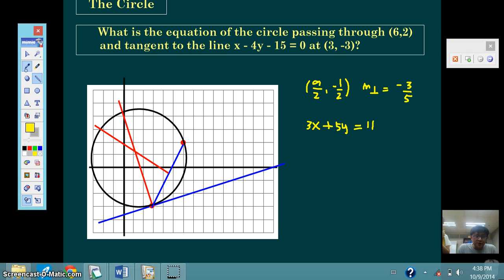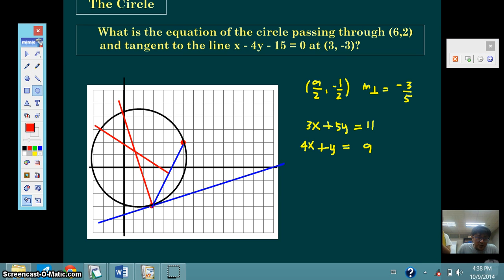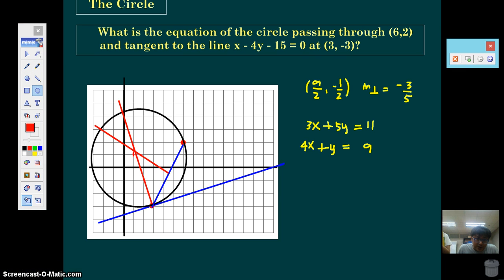So all we need to do is get the equation of the line perpendicular to this passing through the given point of tangency. So the equation would be 4x plus y equals 3 times 4 is 12 minus 3, that's 9. So all we need to do is solve this system and we will get the exact coordinates of the center.